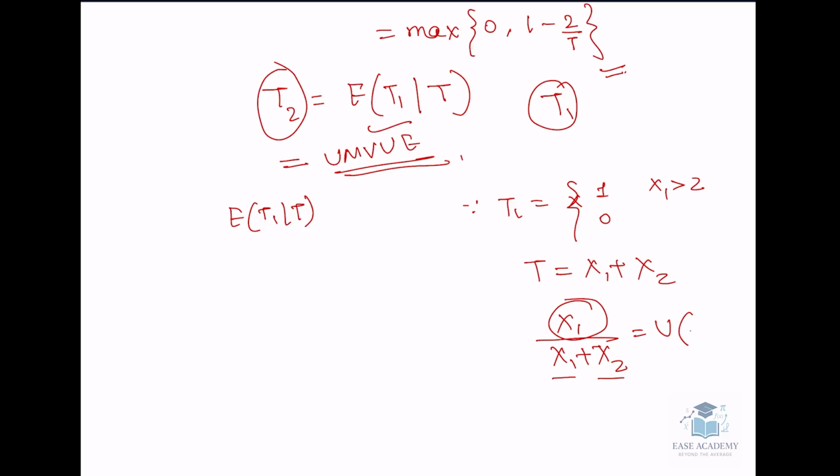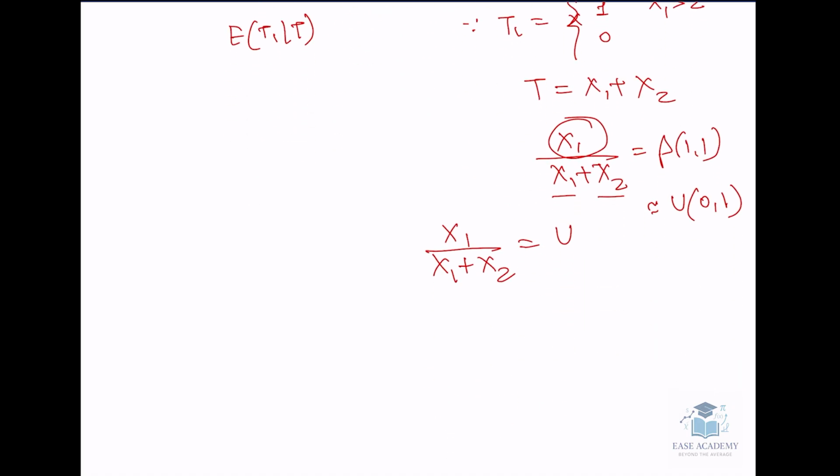We can say that this follows beta 1 comma 1, which is nothing but uniform 0 1. That means we can take X1 by X1 plus X2 as U. Since X1 plus X2 is T, we can take X1 equal to TU.